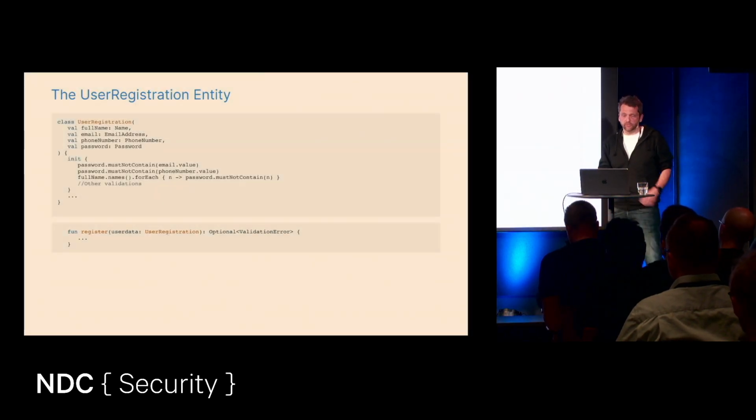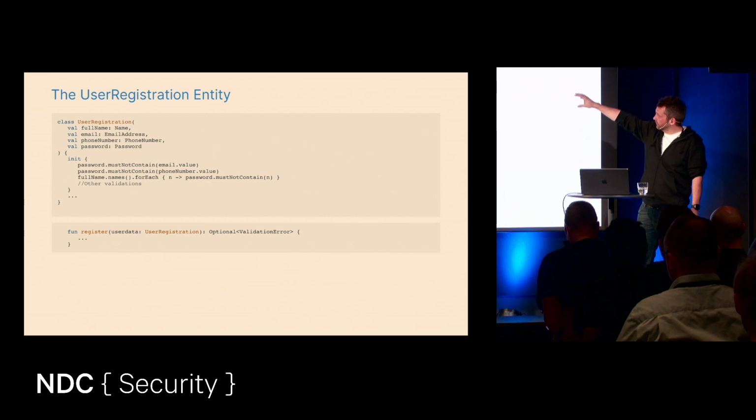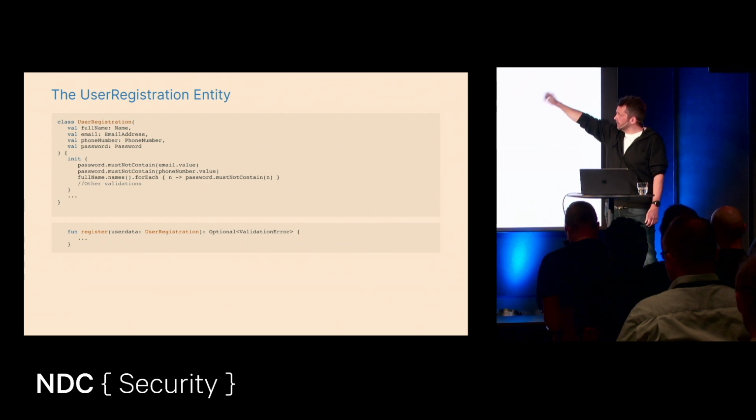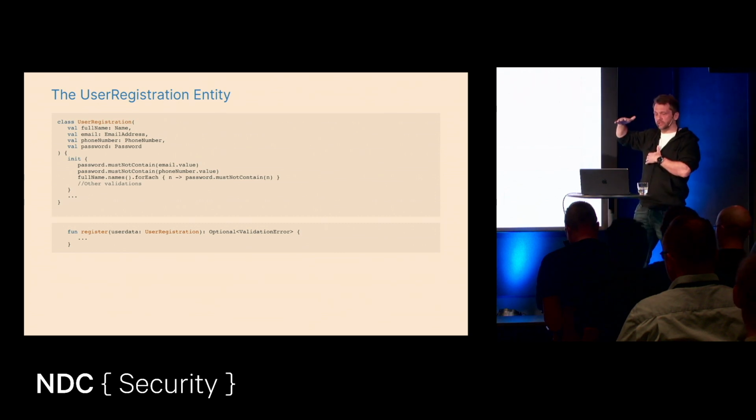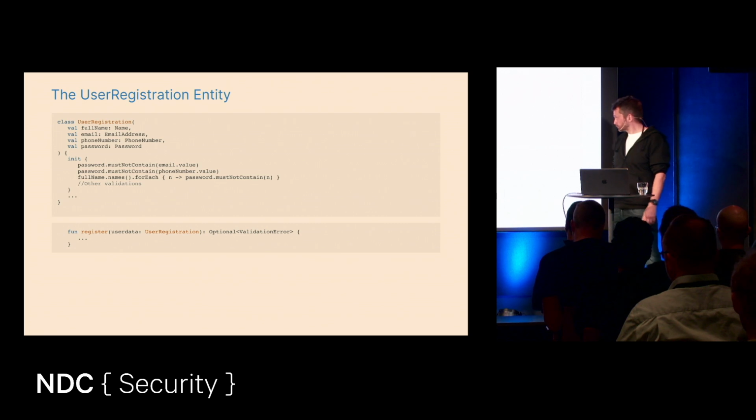I mentioned the registration entity earlier, so here's a user registration entity. The primitives up there enforce what they can, but then the entity can wrap these things and enforce rules across them. So it can check that we don't have the phone number in the password, etc.